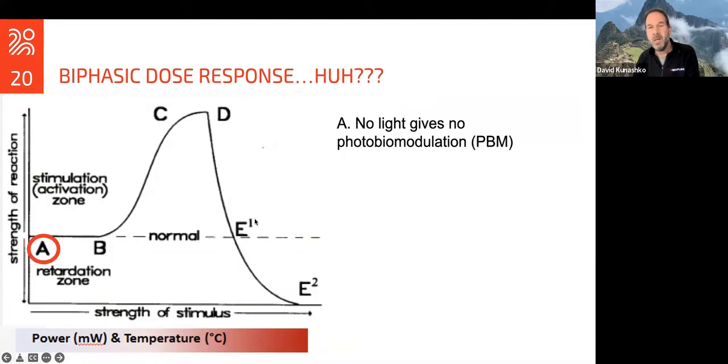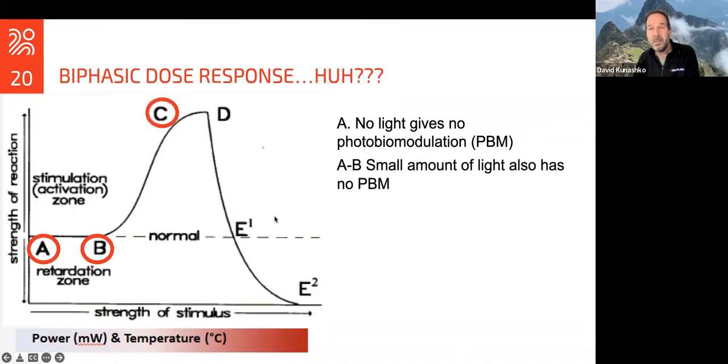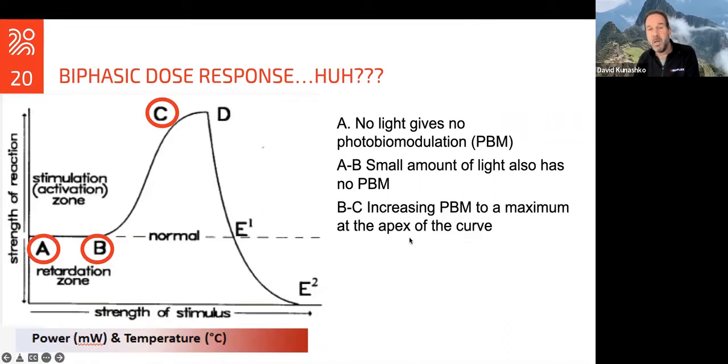Similarly, with photobiomodulation, when there's no light, there's nothing going on. But as you increase the intensity of the light or the dosage of the light, which is typically by the power, then you'll start to get this positive photobiomodulation reaction, but it peaks out.